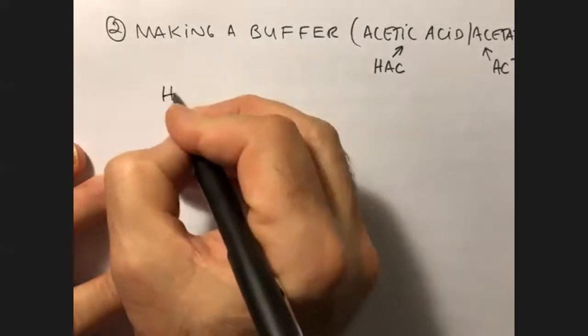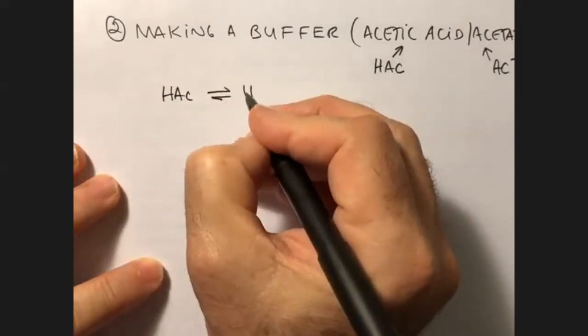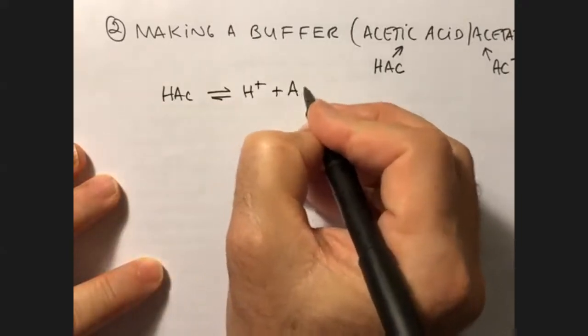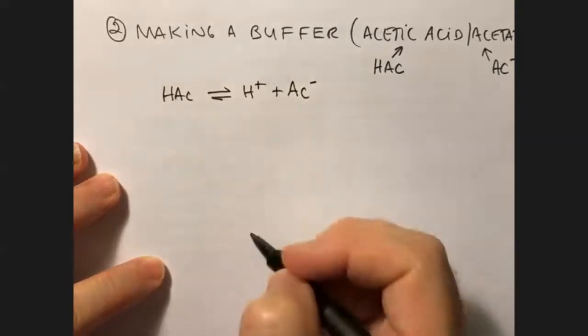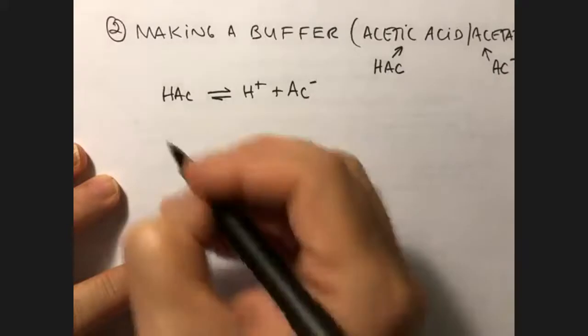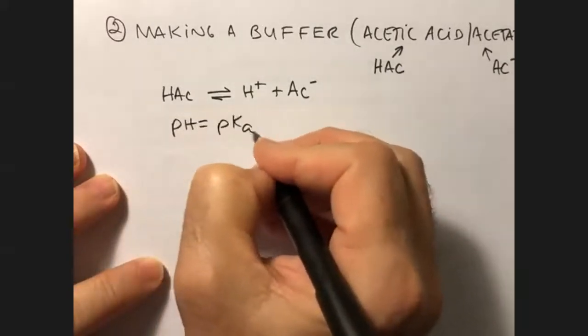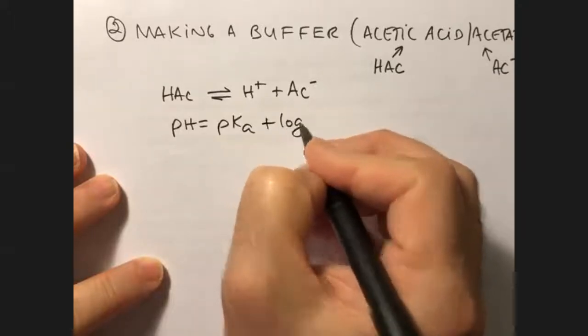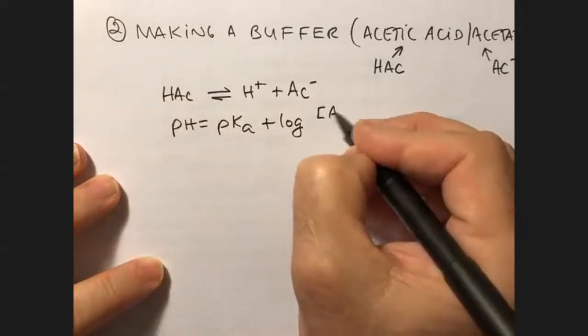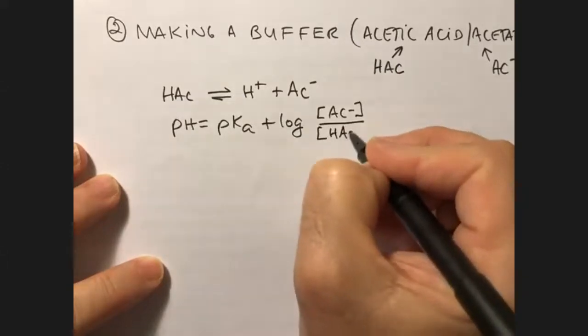So the acid is HAC, and it's ionizing into, again, H plus and acetate ions. And once more, the pH equals pKa plus the log of base, which is in this case the acetate, over the HAC.